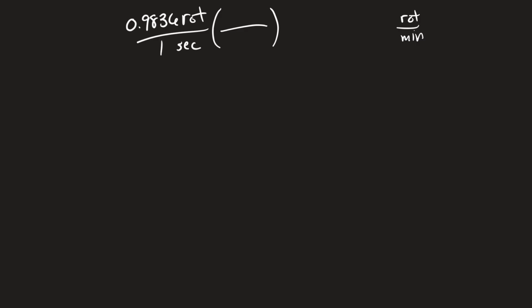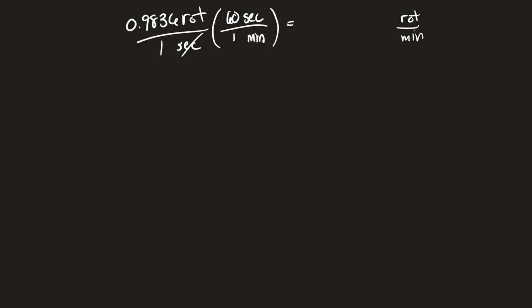But I know seconds to minutes. So I want to cancel out seconds. They're in the denominator, so I write seconds in the numerator. I want to be left in minutes, so I put minutes in the denominator. Somebody said, this is just like stoichiometry. Yes, because stoichiometry was just conversions. Now, I know that for every 1 minute, there are 60 seconds.